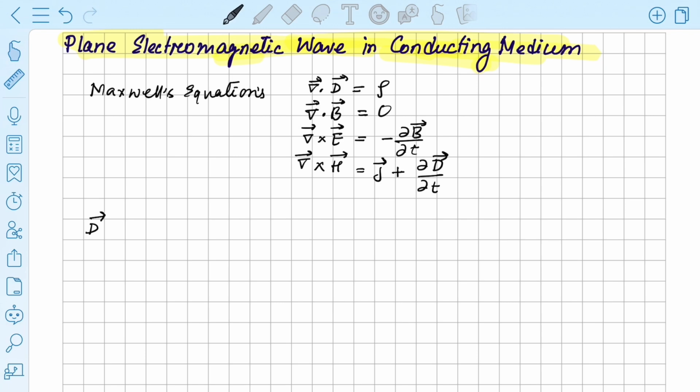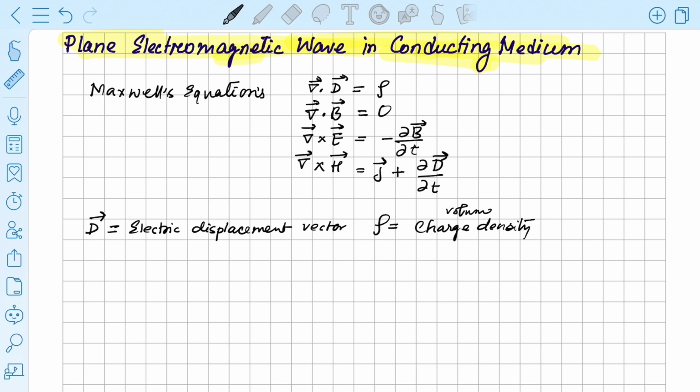So here this D is nothing but the electric displacement vector, then rho represents charge density, actually it is volume charge density.